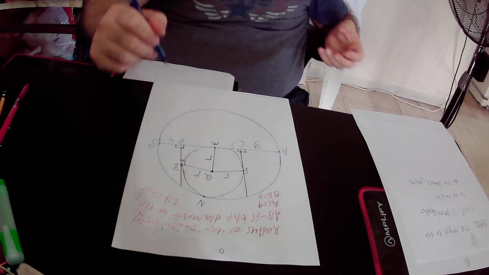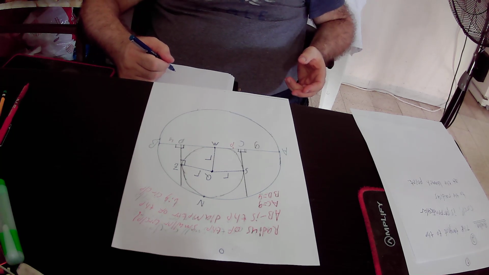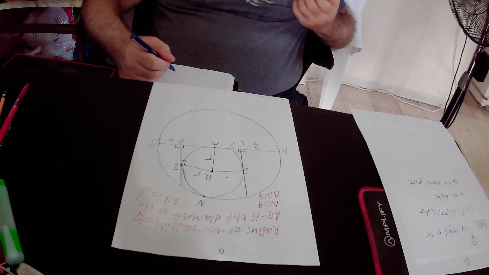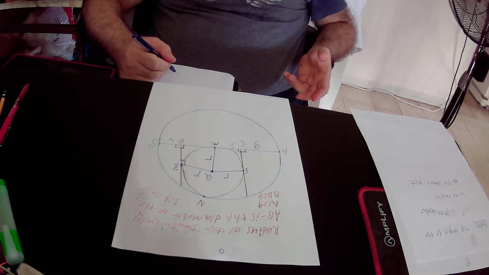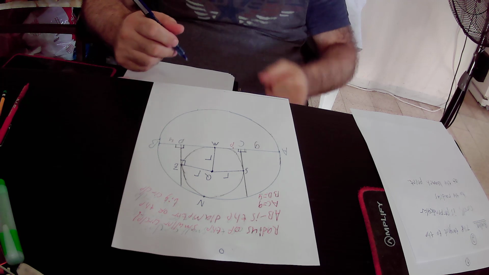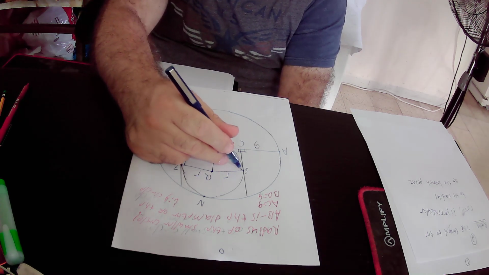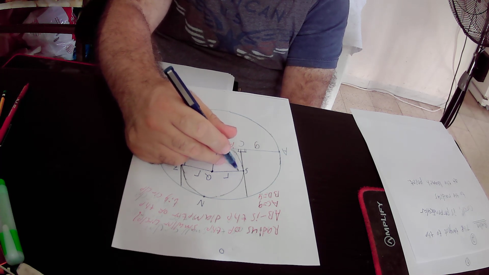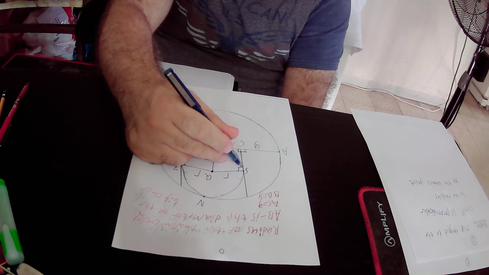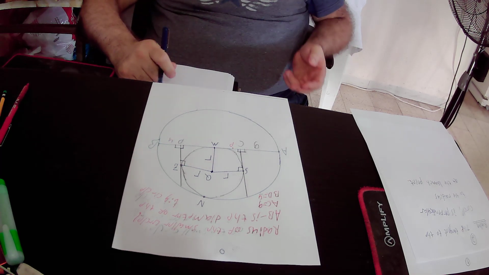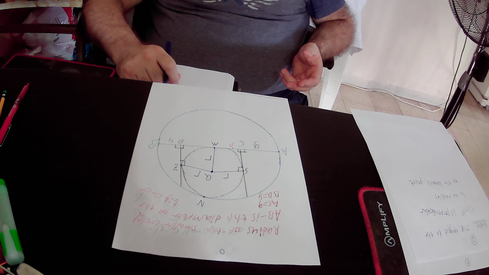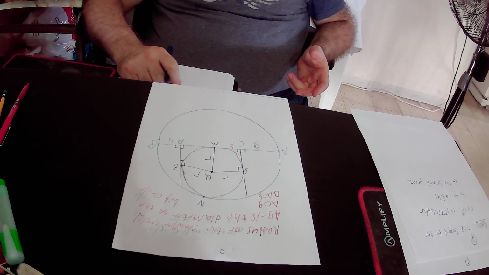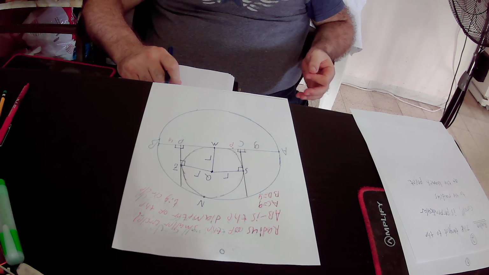Okay, so whenever you draw a radius that is drawn to the launch point, that touches the launch point, then that radius will be perpendicular to the tangent. Also we have here a radius that touches the launch point, therefore the radius is perpendicular to its tangent. To say that the tangent is perpendicular to the radius, or the radius is perpendicular to the tangent, is exactly the same thing.